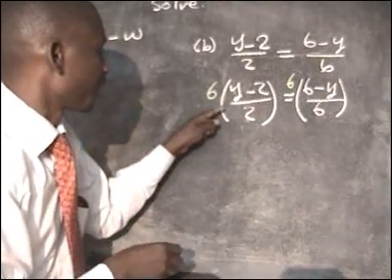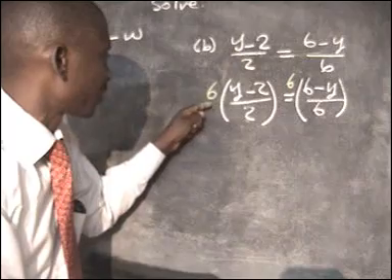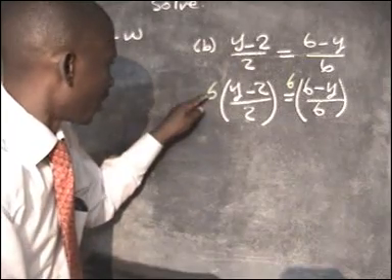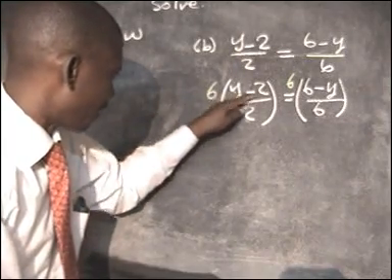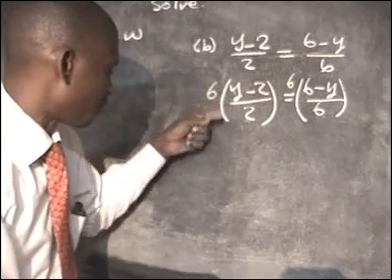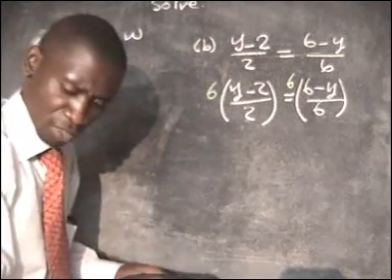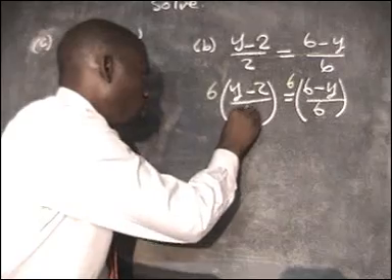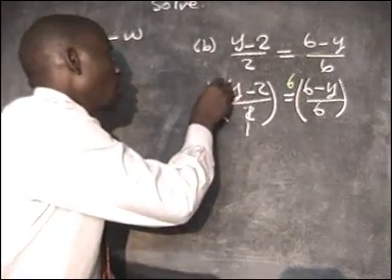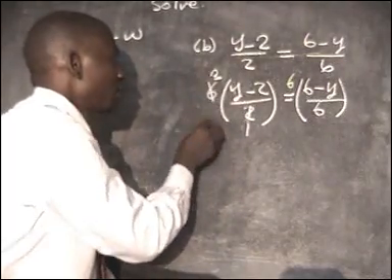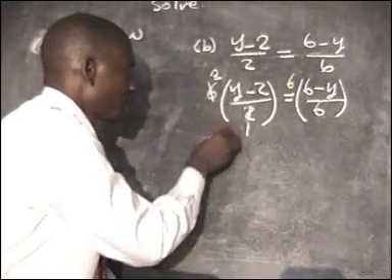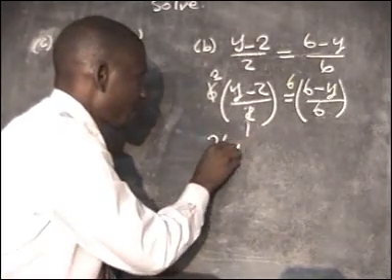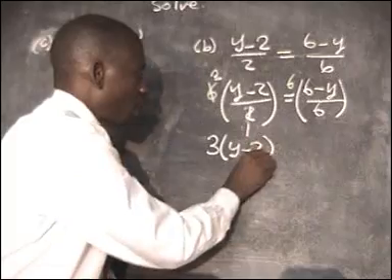So if I multiply out, mind you, I am multiplying 6 by whatever is written in the brackets. The best you can do is to reduce. 2 into 2 is 1, 2 into 6 is 3. So this reduces to 3, and then (y - 2) over 1.